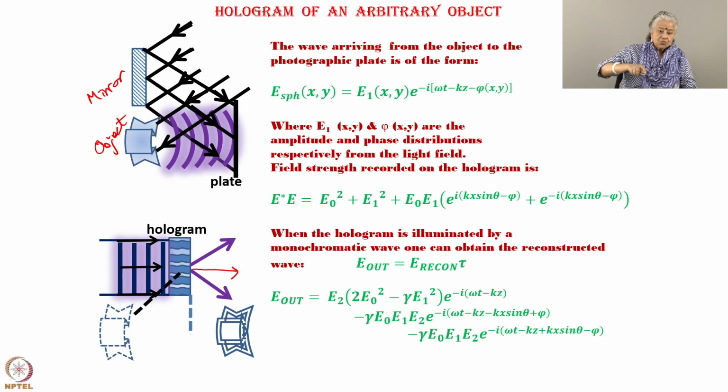So, what you are doing is, see, when you have this and you look back, I draw it with a dashed line because this is a virtual image, okay, and this is the real image. But most of the time in case of the holographic method, you are looking at the virtual image only.